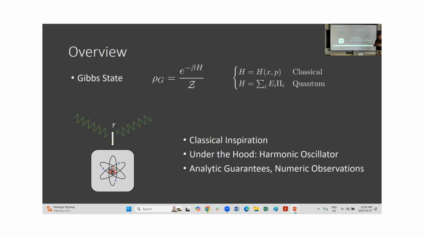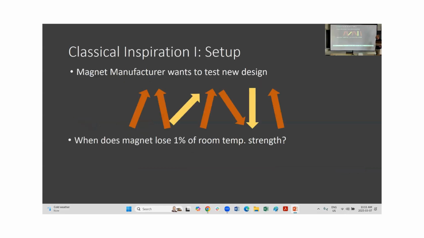Then I'll probably spend most of the time talking about how you can use this to prepare thermal states of the harmonic oscillator, as this is the most straightforward system to understand. And then if I have time, I'll try to get through some of these generalizations to other systems, actually it works for non-degenerate systems, and maybe some numerics that we were also able to do.